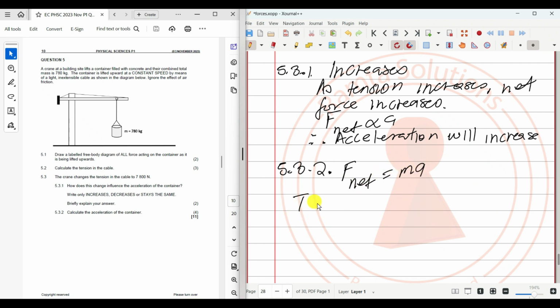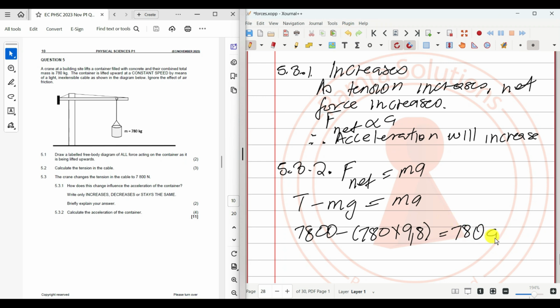So tension minus mg equals ma. They said the tension is 7,800, the mass is 780, gravitational acceleration is 9.8, and the acceleration is unknown.